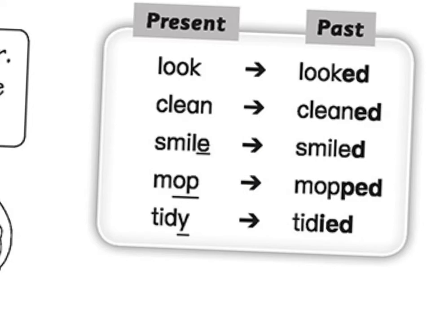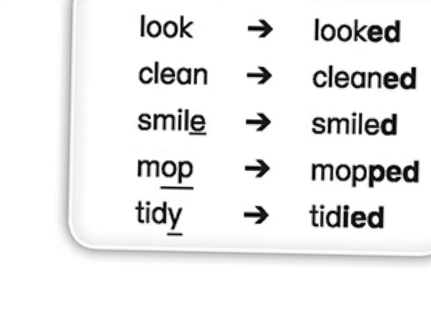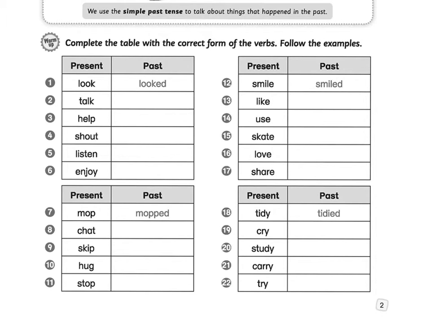If it ends with y, then we change it to i before we add ied. But please notice that if it is a word like enjoy, because before y there's a vowel o, then we simply just add ed.